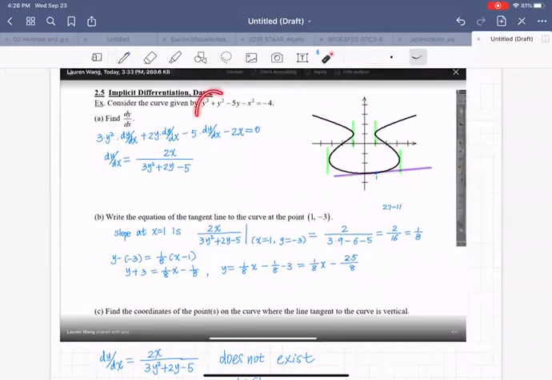They give you a very complicated equation and they ask you the derivative. So you cannot solve y equals f(x), so you are not able to use the quotient rule or chain rule. You have to use the implicit method first. By using the implicit method, you get the first derivative, okay? And with this first derivative result, they ask you the value, the tangent line.